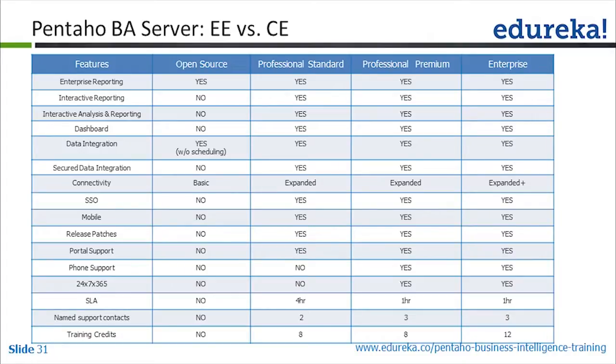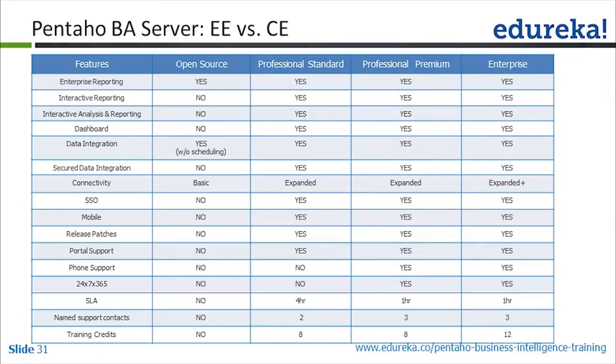Different features are not available in open source and are available in enterprise. Enterprise reporting, report designer and all are there. You don't have interactive reporting, which is available only in enterprise. Dashboards you can do, and the Community Dashboard Editor is there, which you need to download separately.